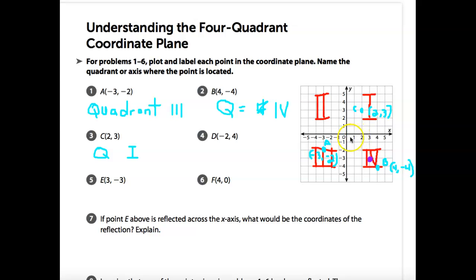So let's take a look. It is 1, 2, 3 from the y-axis. So 1, 2, 3 is going to be right here. And then from the x-axis, the distance is 1, 2, 3. So it's going to be 1, 2, 3 here. So 3 distance from y and 3 from x. This is the reflection. I'll put it in purple, and that will be E.